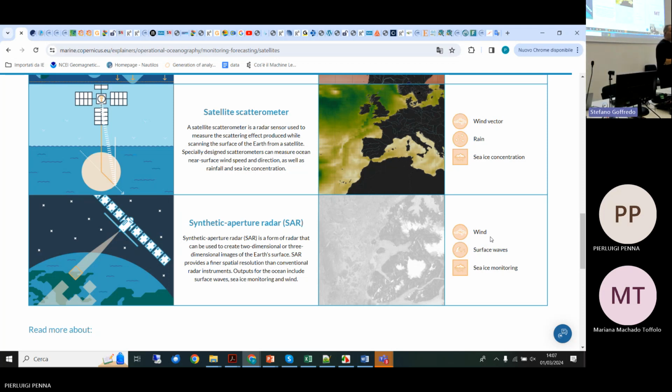Who generates the waves? Wind. And then surface currents, so Coriolis, Ekman, and so on. So wind is a fundamental parameter to know and to send to the modeler.